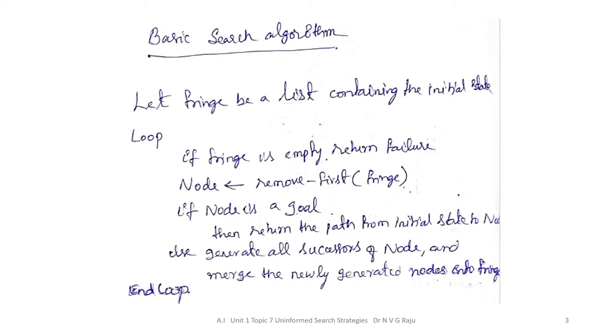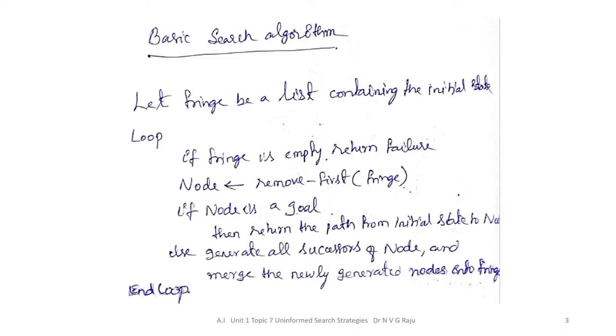If not, remove the first element from the fringe. That means remove the first node using FIFO operation. If that node is a goal state, then return the path from initial state to the current node. Else, generate all successors of the node.